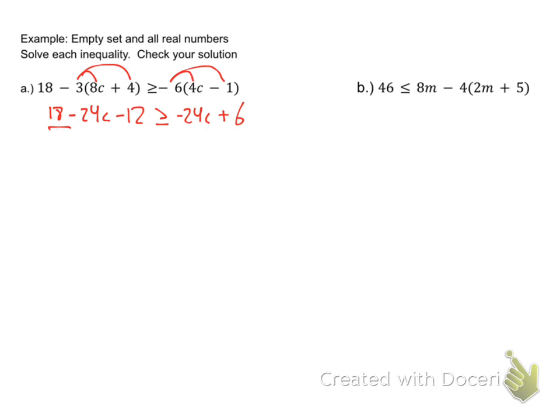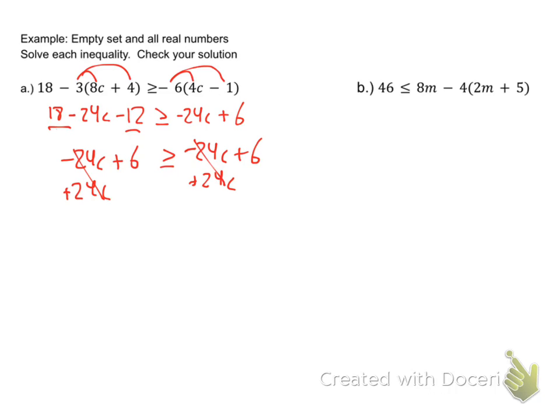And then negative negative makes a positive. If I gather like terms here, I think we can see that you end up with negative 24c plus 6 is greater than or equal to negative 24c plus 6. Oh, geez. That's interesting. Wait, let's just gather up like terms. Let's add 24c to both sides.